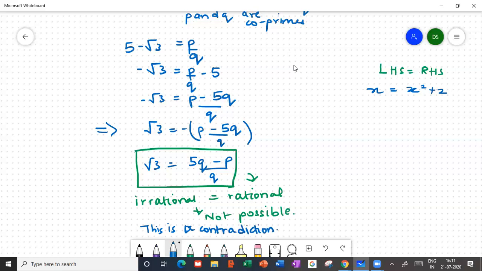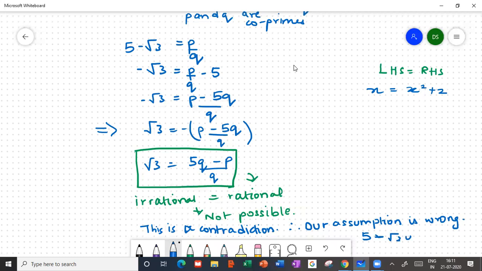So therefore, our assumption is wrong. 5 minus root 3 is irrational. Okay. Yeah, that's it. Isn't it easier?